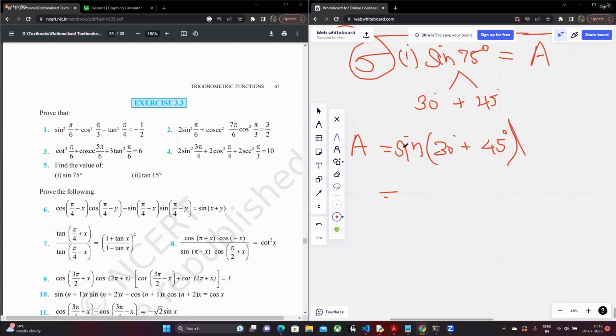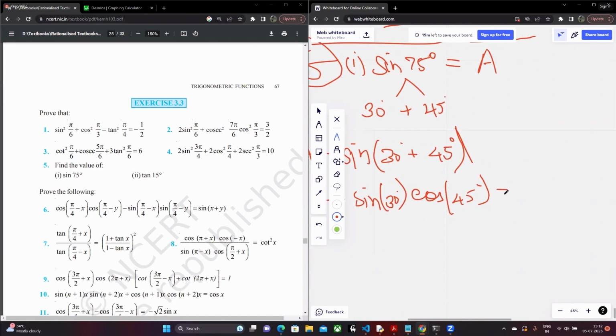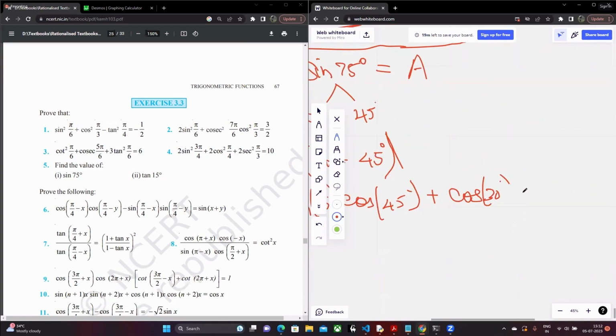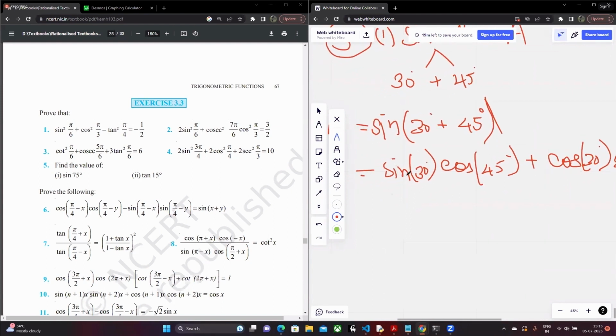Remember the sine rule, where sine of x plus y is basically sine x cos y plus cos x sine y. The only pain here is writing the whole thing out. Otherwise, it's very easy. Right. And you all know the values of these standard angles.